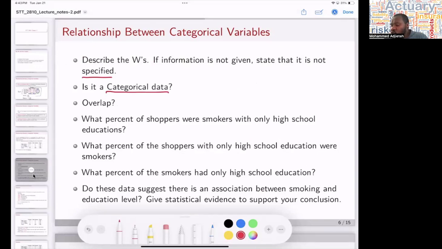So the first question we want to answer is: what percent of shoppers were smokers with only high school education? What percent of shoppers? It's very important to understand this.